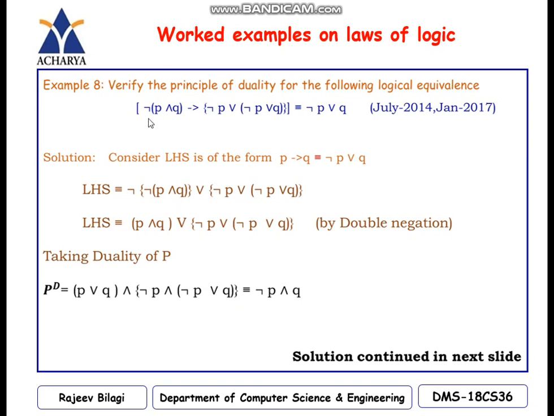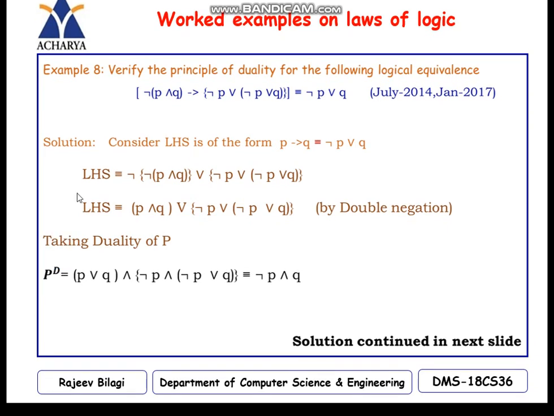Now the given problem is the negation of P and Q, is logically equivalent to the negation of P or Q. One thing you remember, whenever we write a dual, we convert AND to OR, OR to AND, and the negation symbol remains the same.